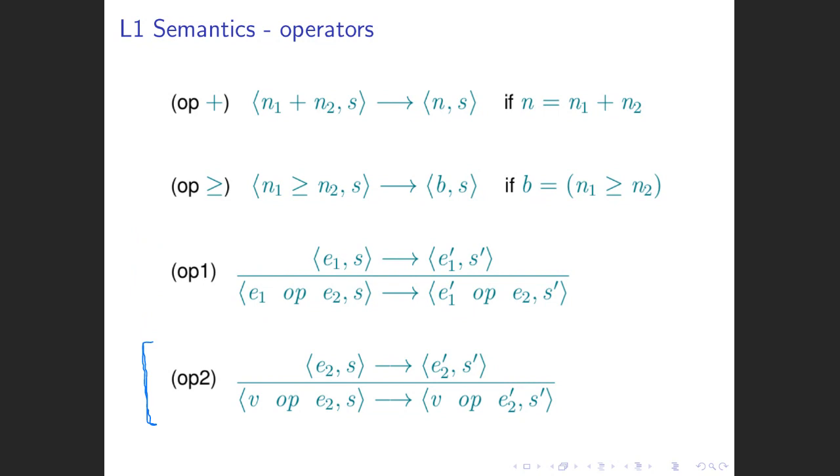You can see this next rule, it has the same input form, but here we're talking about when you're allowed to change E2, okay? And look, this is the right-hand side. This is saying you can only go and reduce the right-hand side if the left-hand side has finished. If the left-hand side has stopped being an expression and it has now become a value. Okay, so when this thing's become a value, you can't reduce it anymore.